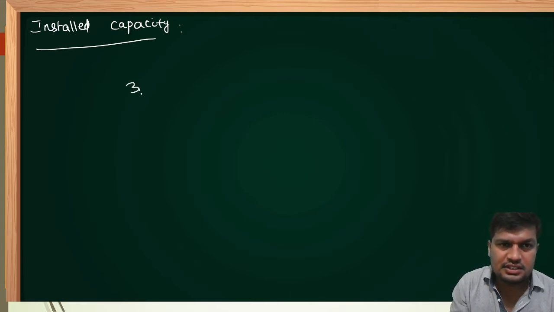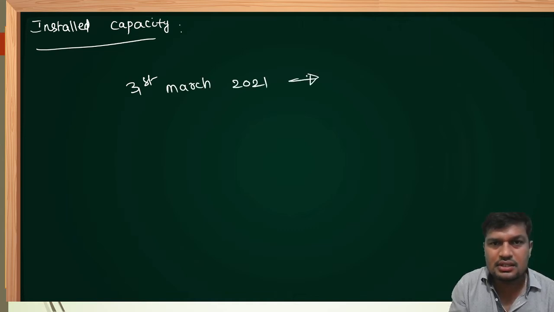By 31st March 2021, the installed capacity in the electrical power system in our country is 382.15 gigawatts of electrical power.